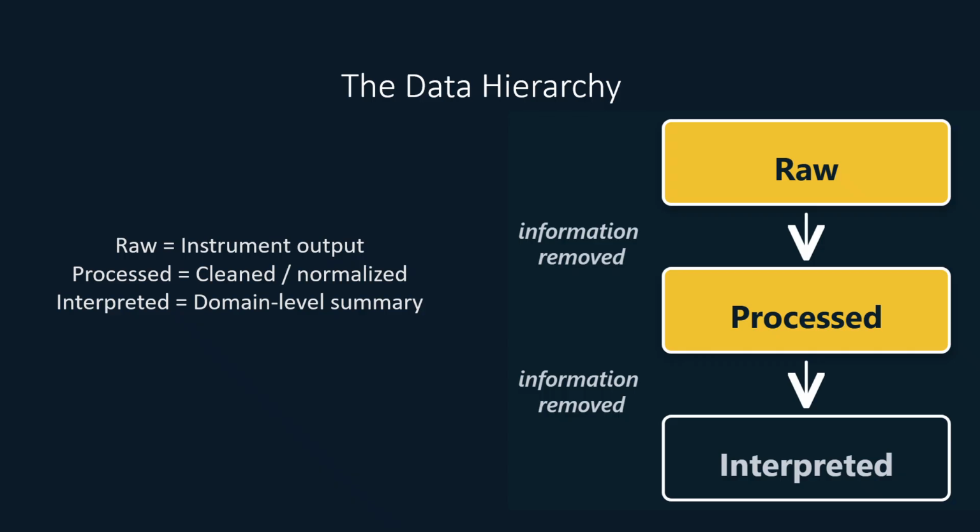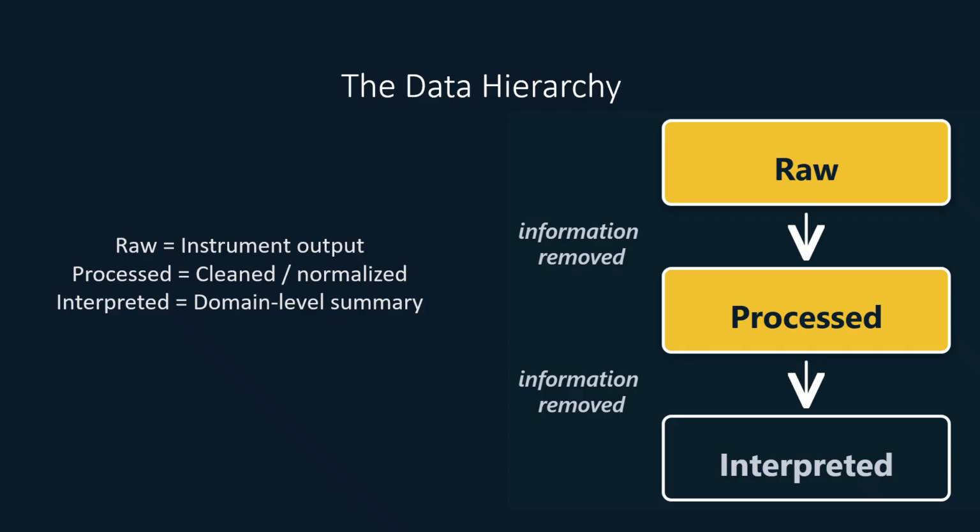Most machine learning models only ever see the top layer, but the limits of what a model can learn are set much earlier during pre-processing. Once information is discarded, it is generally gone. So be careful.